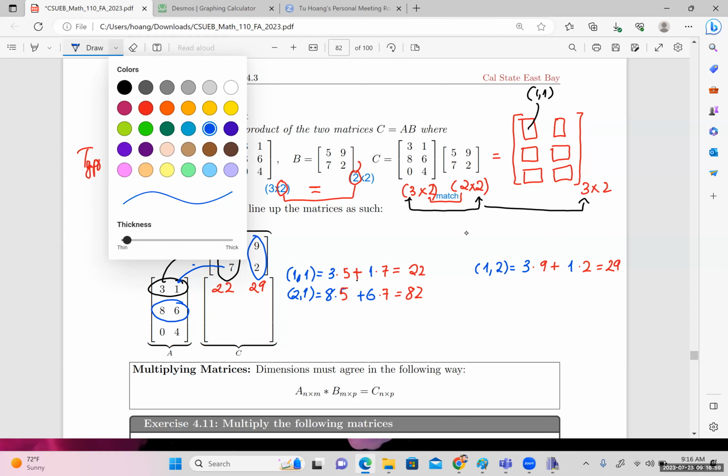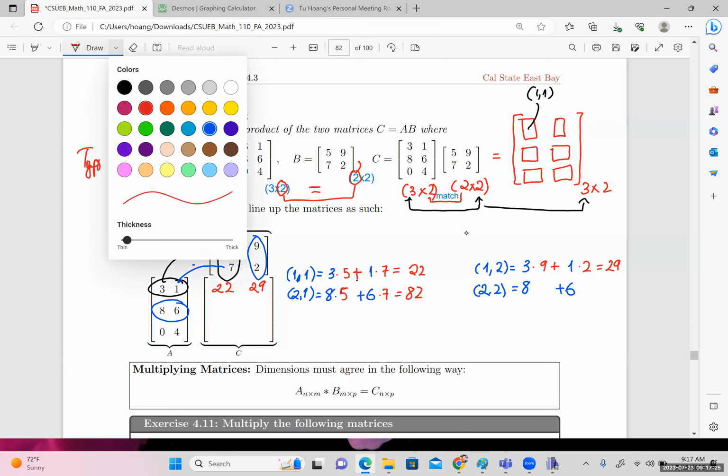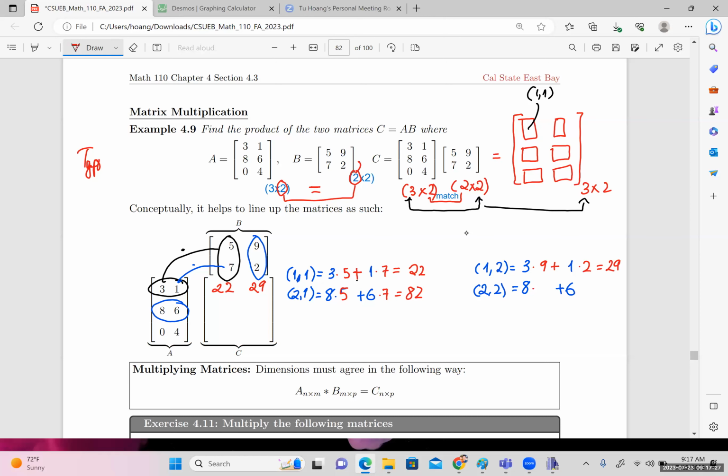And then the next one is entry 2 2. This will keep using row 2 from A, but the second column from B. So we have row 2 of A, 8 and 6, then column 2 from B, which is 9 and 2.